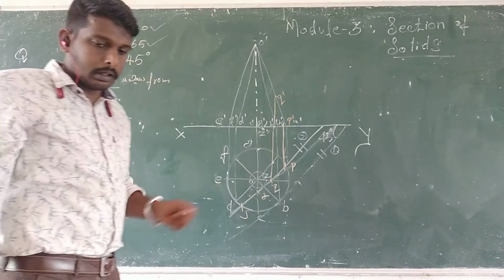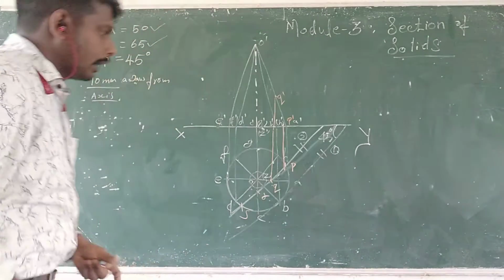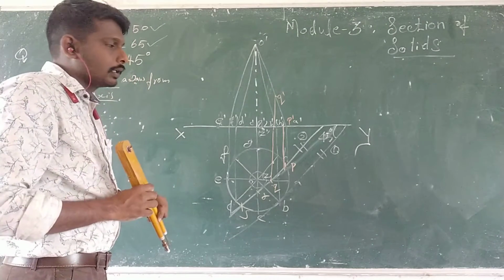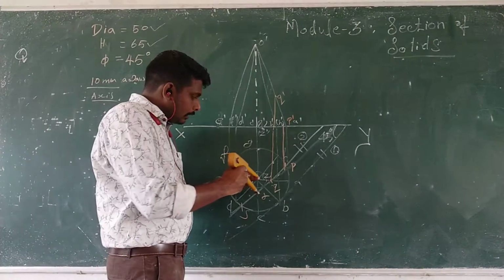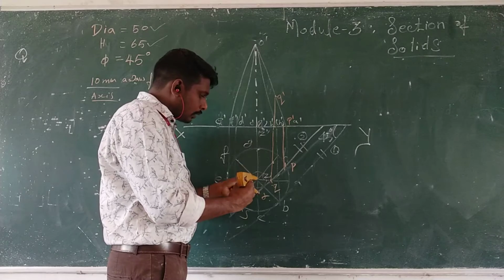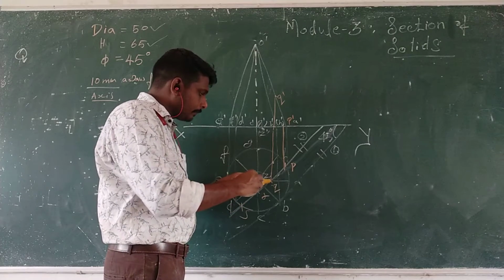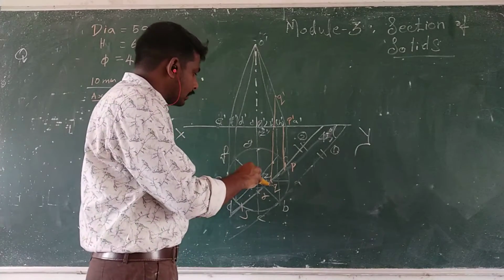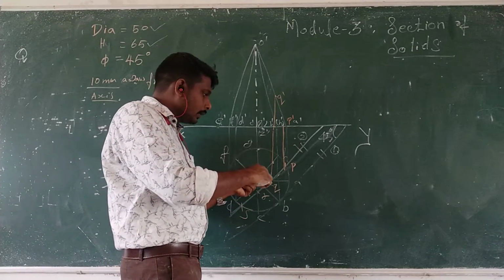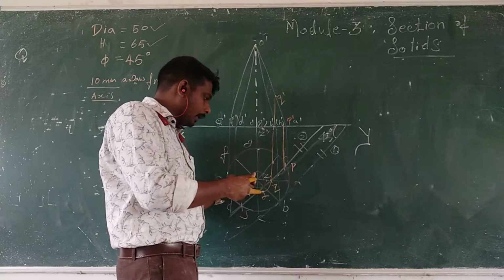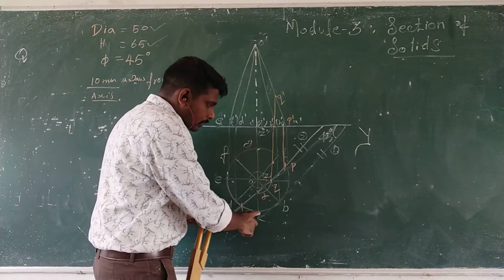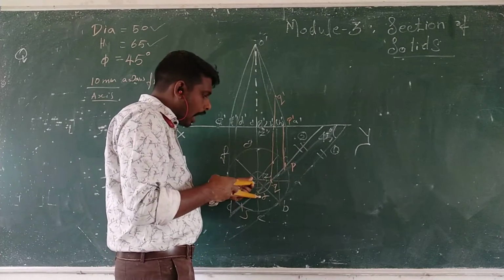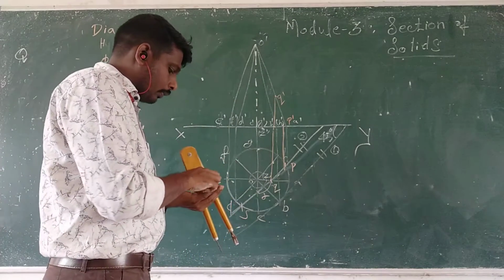So the method to project a line or a point which is perpendicular to VP to the front view is to project the corresponding point to a line which is parallel to a VP. Okay, here A dash O dash is parallel to VP, so project the R to that point actually first of all.